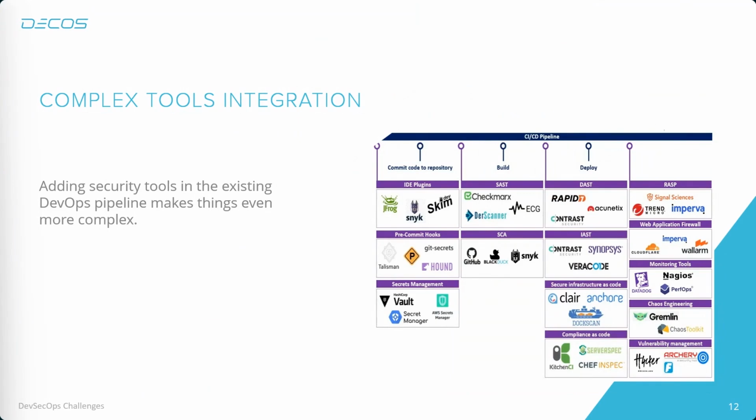Adding security tools makes things even more complex. Tools like static application security testing, software composition analysis, and some kind of DAST tools are typically used in security analysis. However, it can be difficult to combine and reconcile results from different vendors' resources.